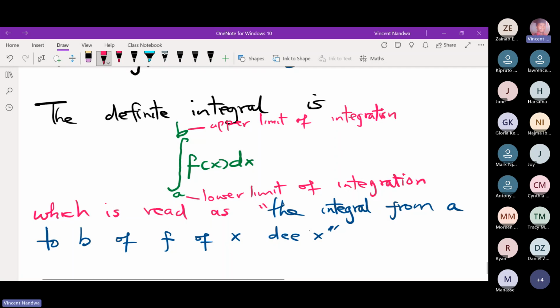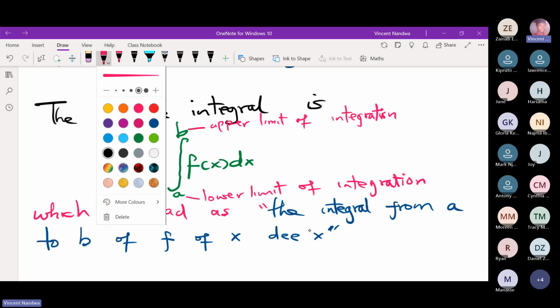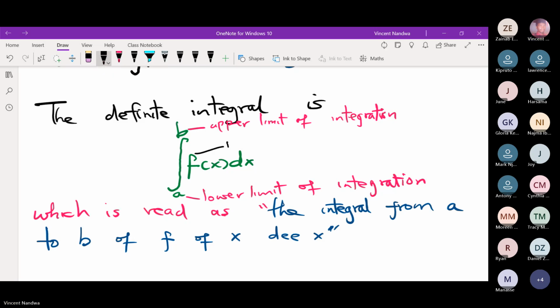As usual, f of x is the integrand, and x is the variable of integration.